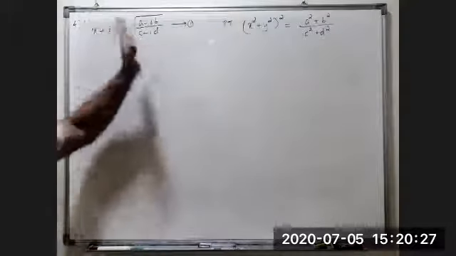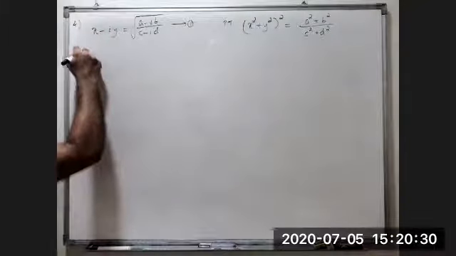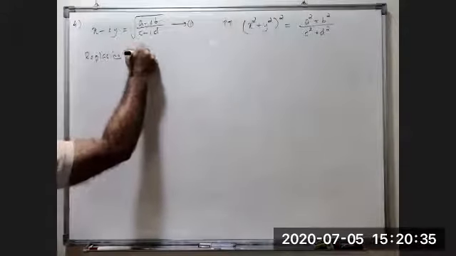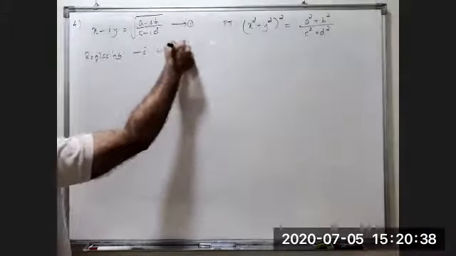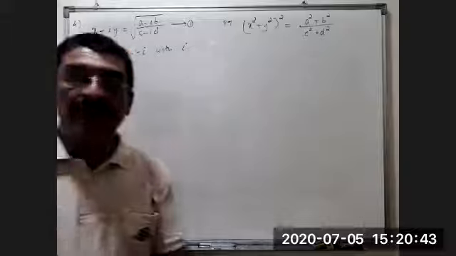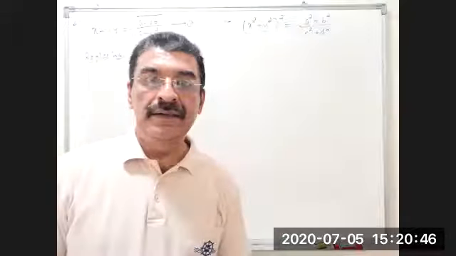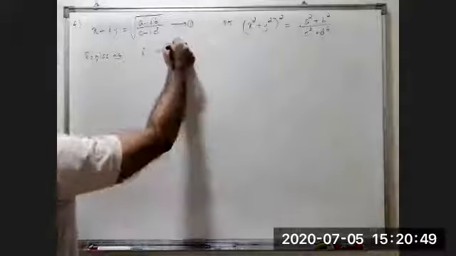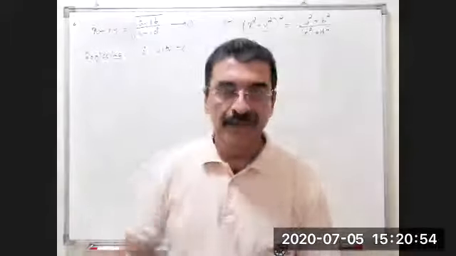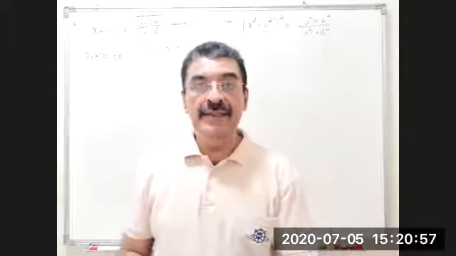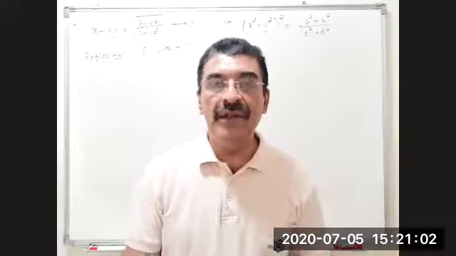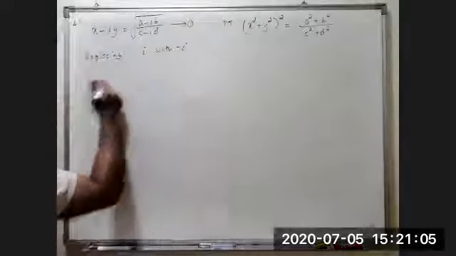So here the easy shortcut is replacing i with minus i. Wherever i is there, write minus, that means change the sign of i, that's all.